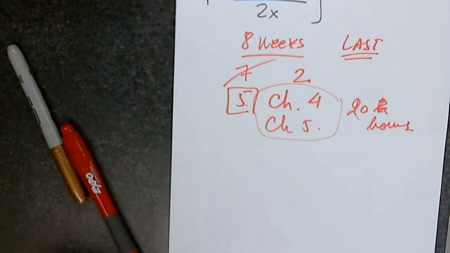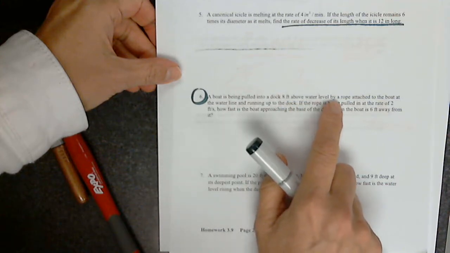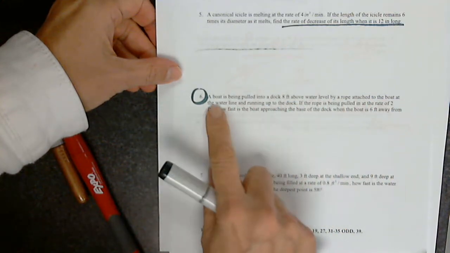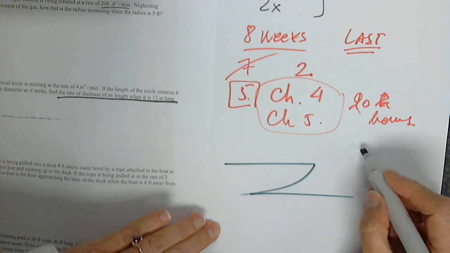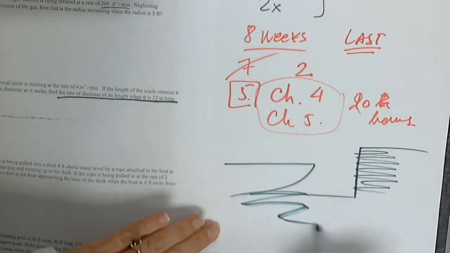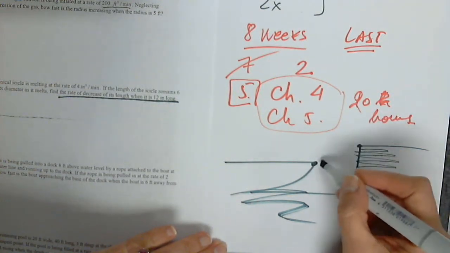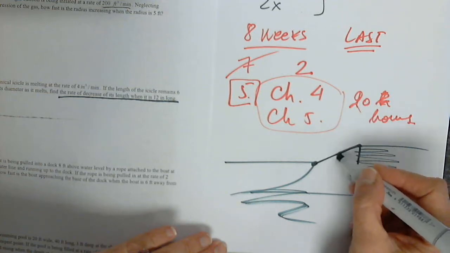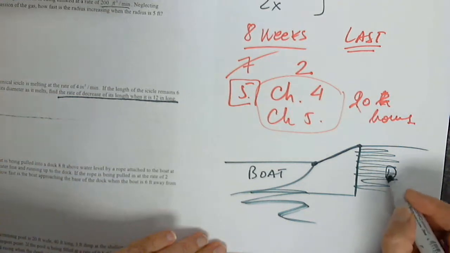Okay, so let's read this problem. A boat is pulled into a dock 8 feet above water level by a rope attached to the boat at the water line. So I envision this: here's the rope, here's the boat, and here's the dock, of course.